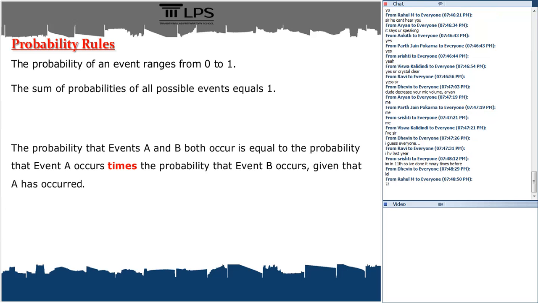So remember that whenever you have AND, it is times. Times means multiplication. So in probability, AND means multiplication. If they say probability of event A and probability of event B, it means probability of A times probability of B.